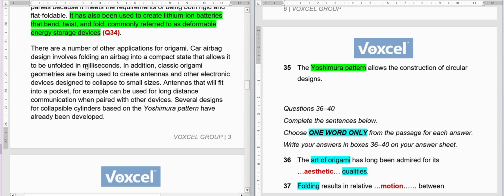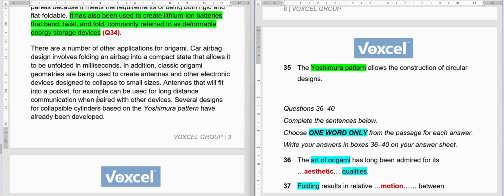There are a number of other applications for origami. Car airbag designs involve folding an airbag into a compact state that allows it to be unfolded in milliseconds. In addition, classic origami geometries are being used to create antennas and other electronic devices designed to collapse to small sizes.